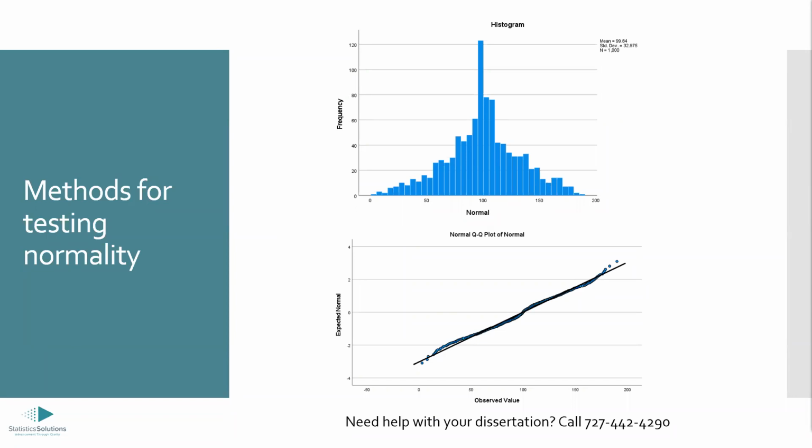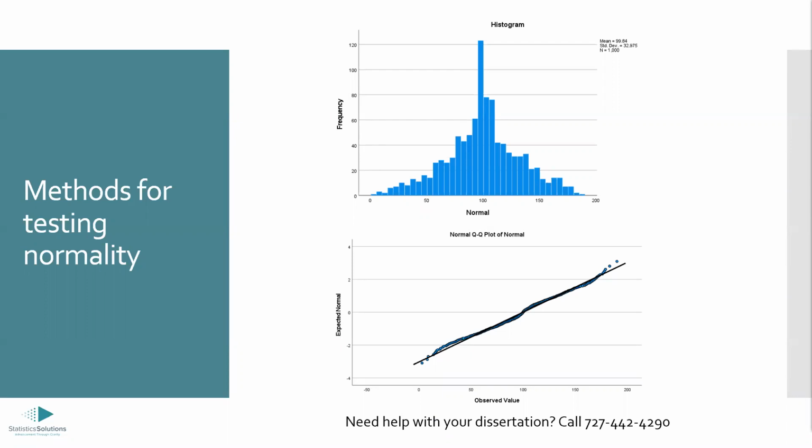And then below that is the QQ plot. We see that the points on that QQ plot are following a pretty straight diagonal line with very little deviation from the diagonal line. So this is what these plots would look like if you're dealing with more or less normally distributed data.